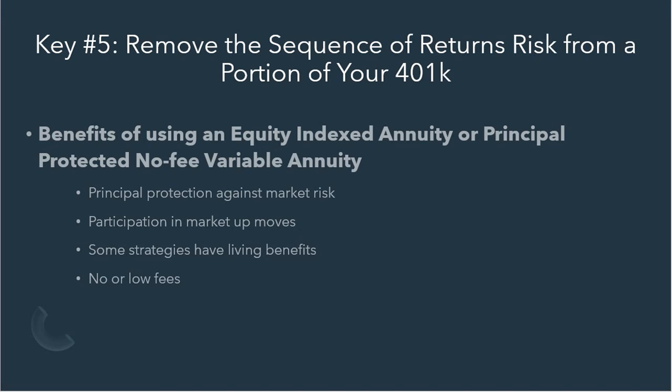Then you have fixed annuities, which just give a rate of return. So you put the money in, it's a specific rate of return for a specific amount of time. And then you have equity index annuities, which in my opinion is the best of all worlds. So you have principal protection, you have low or no fees, and you have participation in the market up move. So if the market goes up, you make money. If the market goes down, you don't lose anything. So it's really great to do this.